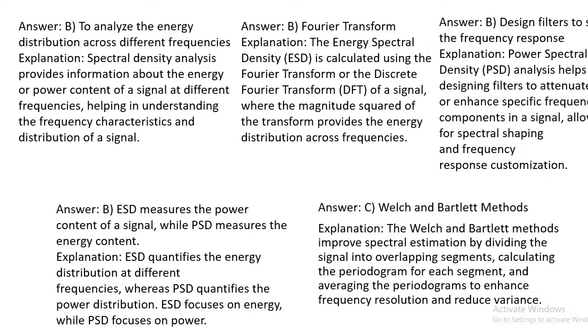Second question answer is B, Fourier transform. Explanation is the energy spectral density is calculated using the Fourier transform or discrete Fourier transform of a signal, where the magnitude of the Fourier transform or DFT is squared and gives the energy distribution across the frequencies.